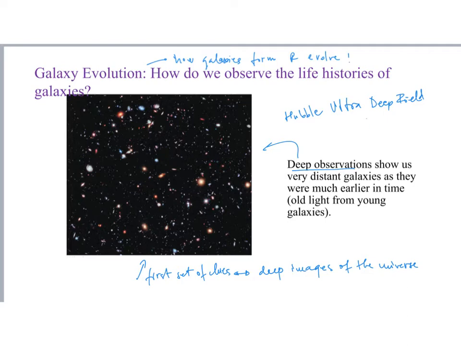It is one third the size of the moon, so a tiny region that looked pretty empty before the Hubble Space Telescope looked into it and saw about a few tens of thousands of galaxies in here.